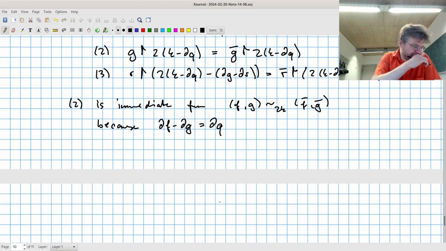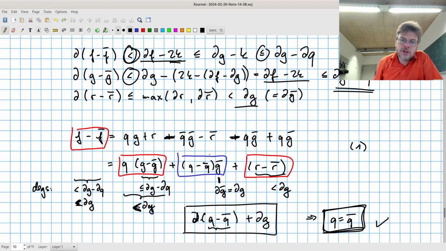Okay, but now for 3 we have this equality that we have derived above here and can use that again.